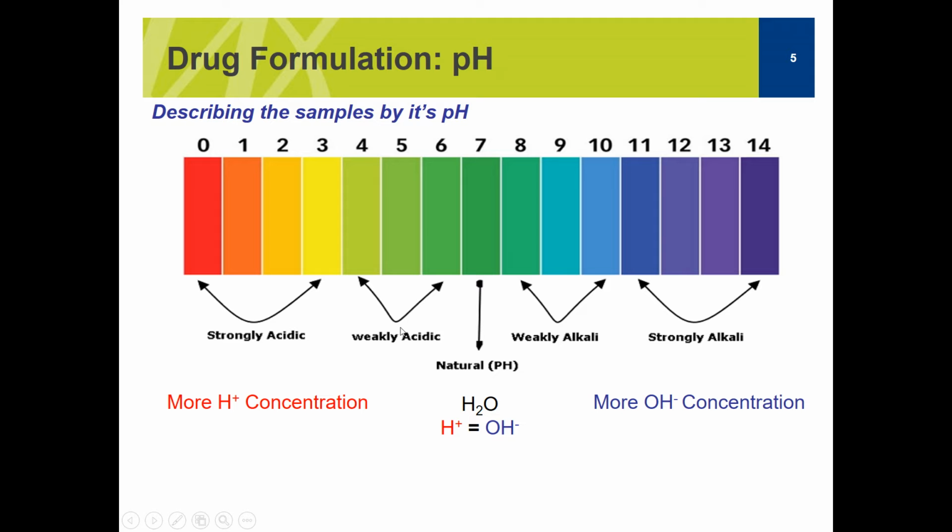But anyway, this is more acidic. The more you go to the left, the more acidic the solution gets, meaning the more H ions you'll have. Now looking at the right side, the more you move to the right, the more basic the solution is, the more OH ions will be there, and the less hydrogen. So this is the hydroxyl ions, this is the hydrogen ion.